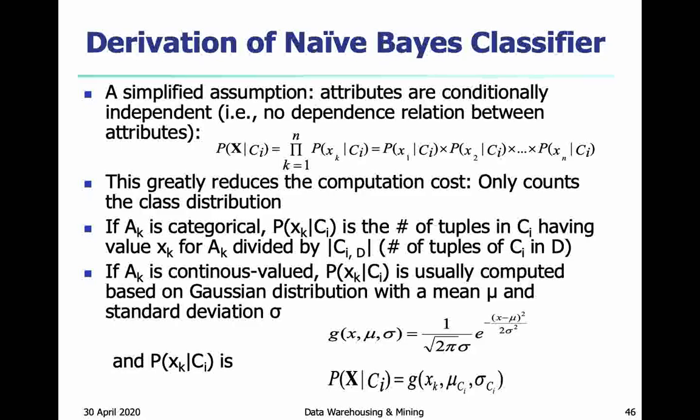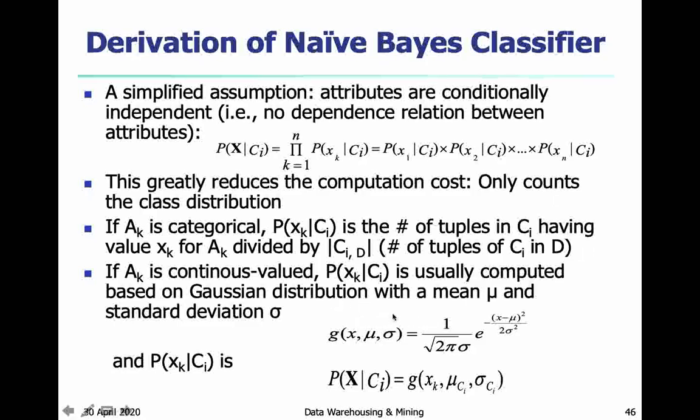The number of tuples, as you have done in the decision tree. But if Ak is continuous valued, then we need to calculate in another way.